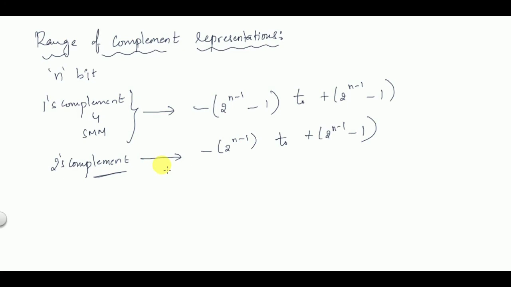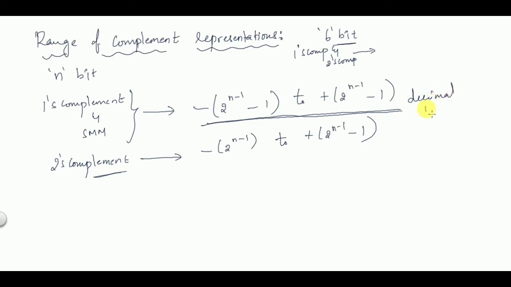Suppose you take 6 bit. For 1's complement and 2's complement, this range is the representation of decimal numbers. For 1's complement and SMM method, using 6 bit, you can represent decimal numbers from minus 31 to plus 31.